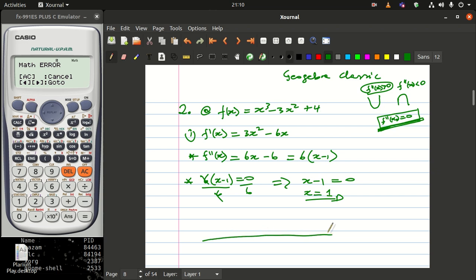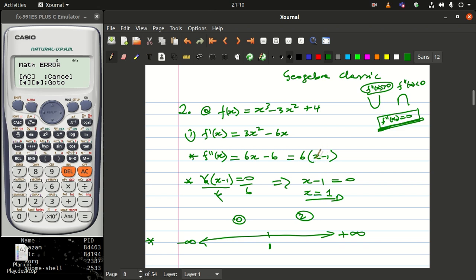So this point here is the one that we place on a number line, and the number line is moving from negative infinity to positive infinity, and that point is going to be 1. So I pick a point that is less than 1, which is 0. I pick a point that is bigger than 1, which is 2. I take this 0 here, I plug it in the second derivative.